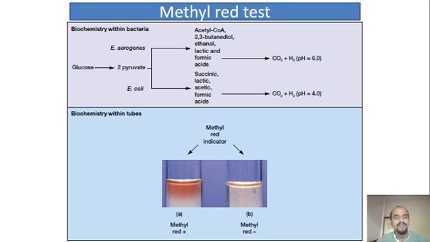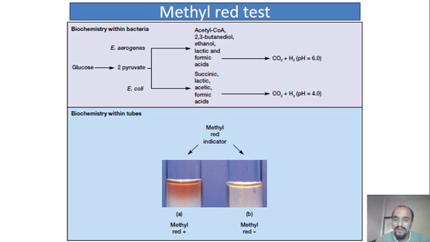While some bacteria like Enterobacter aerogenes produce little neutral or alkaline products. So acetyl-CoA, 2,3-butanediol, ethanol, some amount of lactic acid is produced, but apart from that, different neutral or alkaline products are produced. So pH of the medium remains 6, not acidic, but towards neutrality.